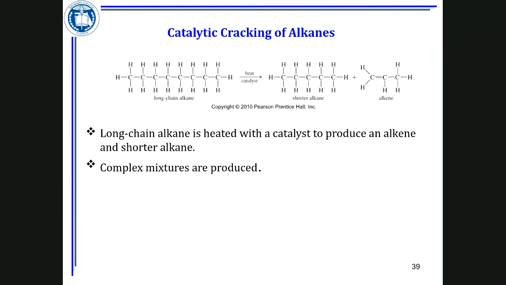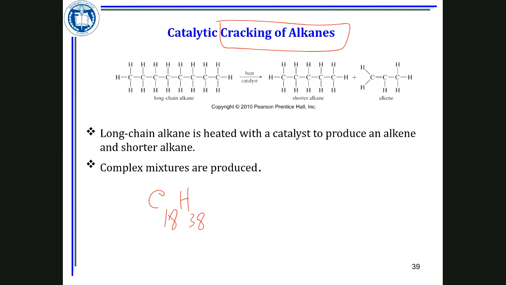Other methods for preparation of alkene, which we saw in chapter 3, as a reaction for alkane, we said the cracking of alkane. So if you crack an alkane that has 18 carbons, with 18 carbons you are going to get how many hydrogens? That's going to be 38 hydrogens.